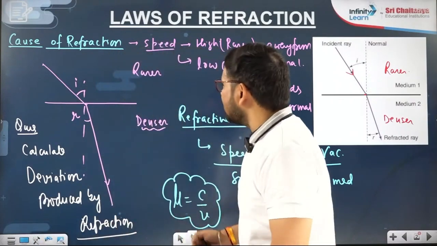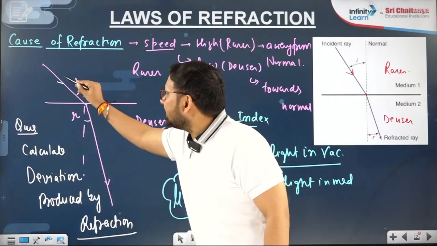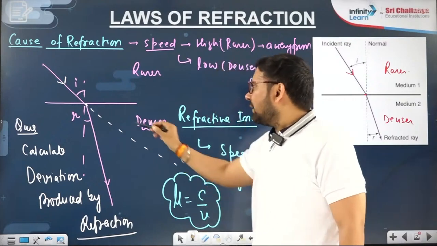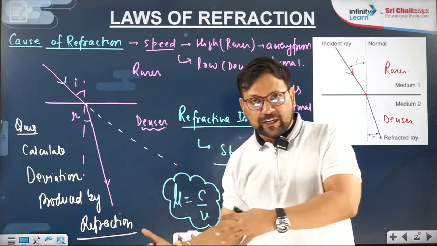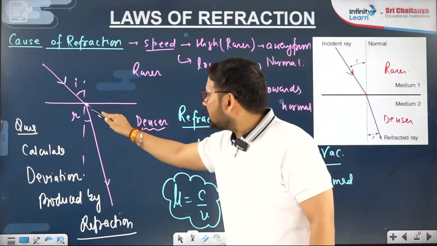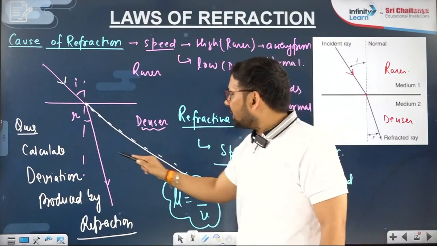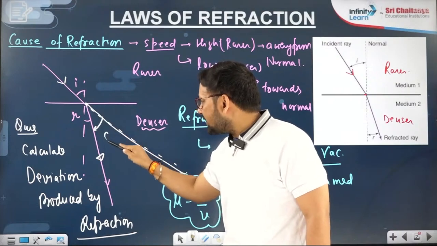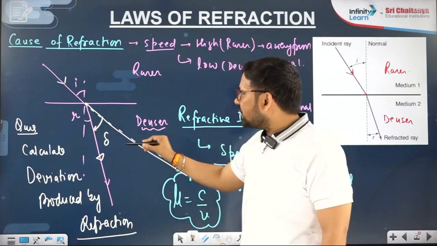Okay, simple question. See the path. That is the incident ray, coming on that path, right? Had the medium not changed, the same path light would have traveled. This was the actual path of the light, but now light is going on this path, so it is deviated. That is the deviation. How much?